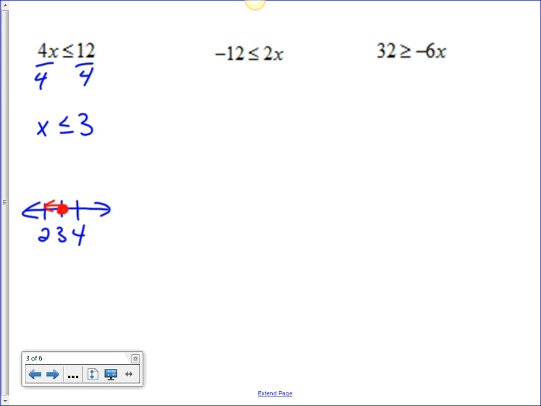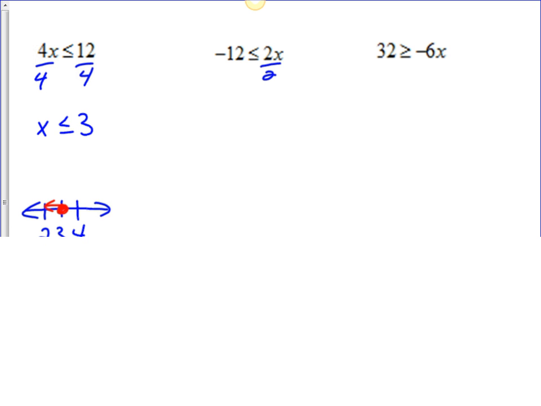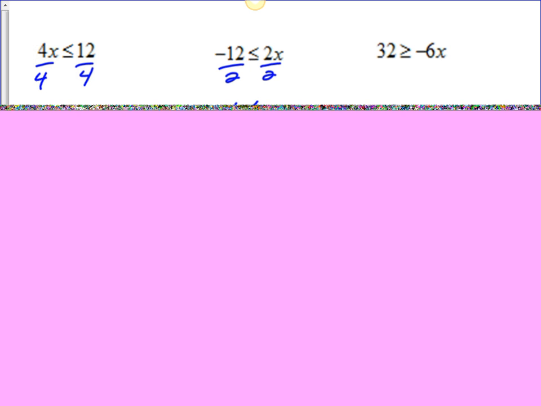Okay, next one. On this one, to solve this one, I would divide both sides by a 2. Not a negative 2, though. Okay, a little correction here. Divide by 2, and I would get a negative 6 is less than or equal to x. Now, once again, a little review for our number lines.